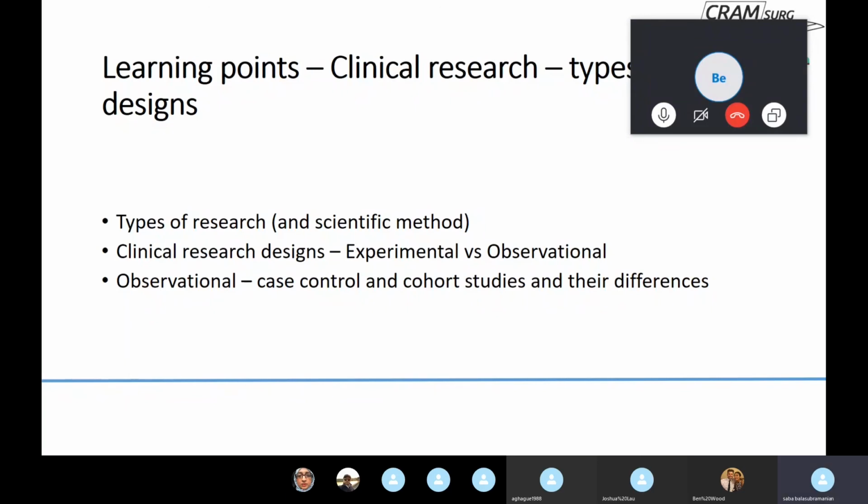We talked a little bit about experimental studies, but we spent some time on observational studies and talked about the differences between case control studies and cohort studies. Keep in mind that cohort studies could be retrospective or prospective.